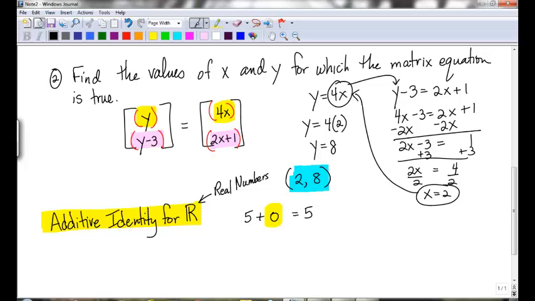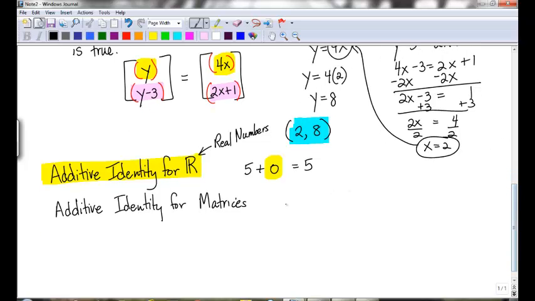Now we're going to do the additive identity for matrices, and I'm just going to do it by example. If they gave you the matrix -1, 3, that's the first row, and 2, -4. This matrix is a 2 by 2. It's got 2 rows by 2 columns.